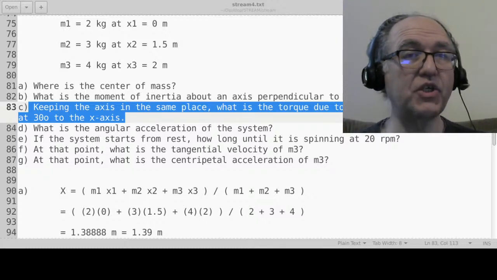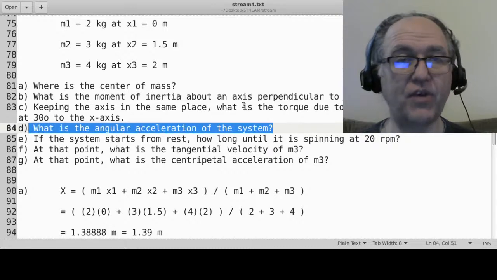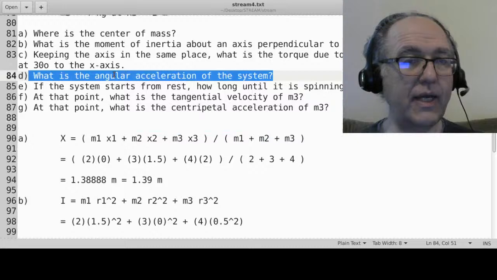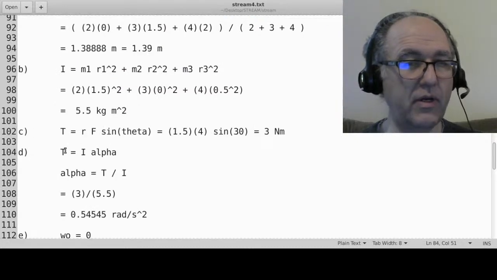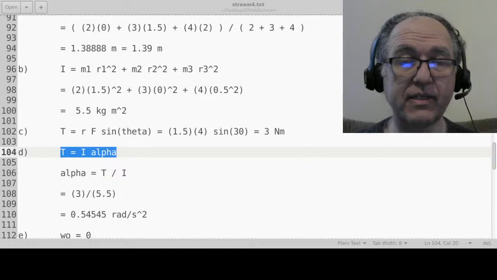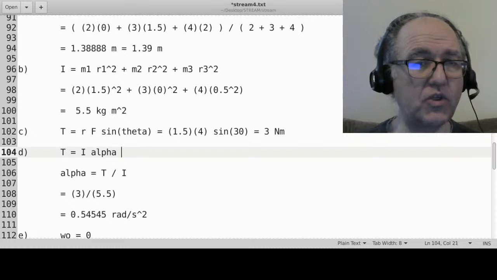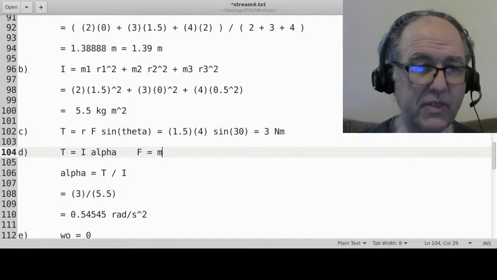Now the next question is, what is the angular acceleration of the system? The angular acceleration is given by this formula here. Tau is equal to I alpha, which is the angular equivalent of F is equal to ma. So it might be worth just looking at this. F equals ma.